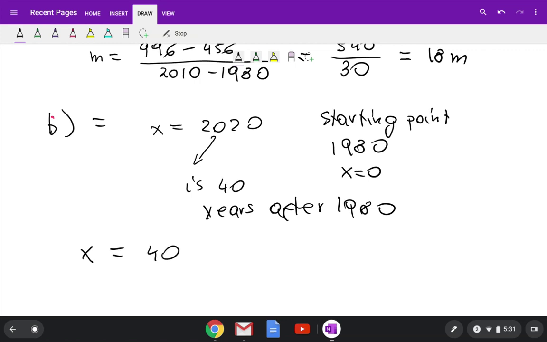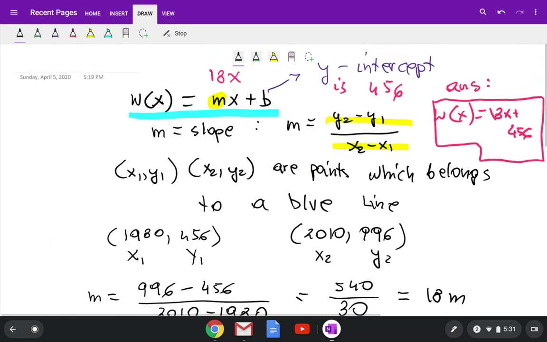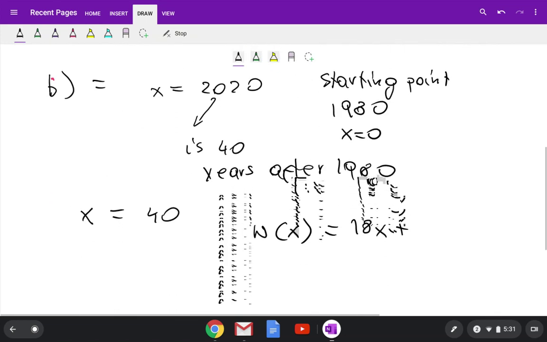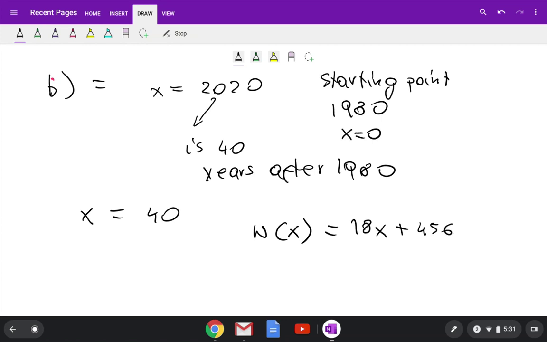So you go back to your function, w of x equals 18x plus 456, and you replace x with 40.